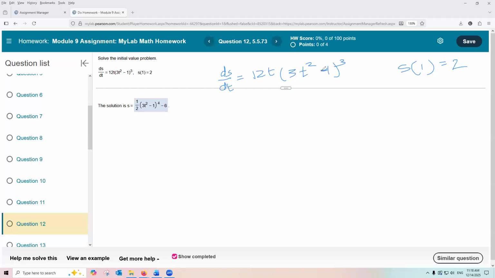Really what they're asking us to do here is find s. Notice our answer is going to be based on s. The way I could do that is I'm going to integrate both sides. So s is going to be the integral of 12t times (3t squared minus 1) to the third dt.